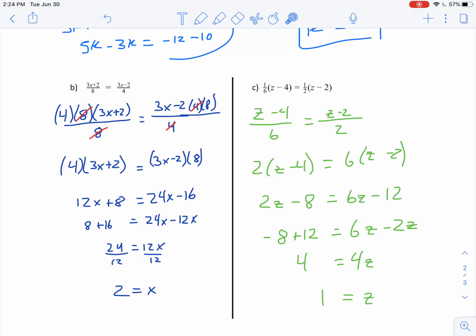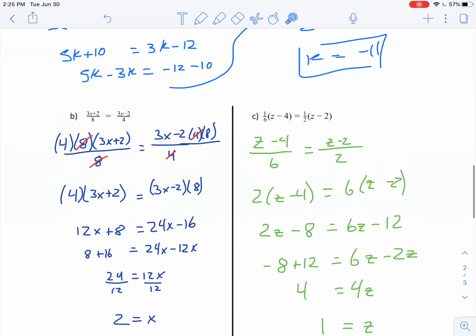So I'm left with 2, because these 6's would cancel out, 2 times z minus 4 is equal to 6 times z minus 2. Distribute in, I get 2z minus 8 is equal to 6z minus 12. Solving for my variable, I bring all my variable terms to one side, constants on the other, and I simply go ahead and solve for z, which in this case would be equal to 1.